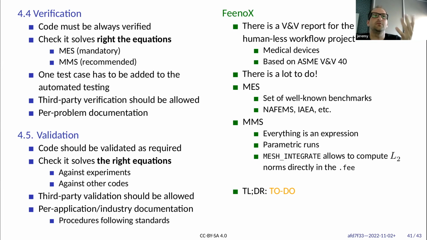So then you have the actual solution, and you can verify the numerical solution with the analytical solution up to the precision that you want to refine, and then you can compute the slope of the convergence. And if that matches the theoretical convergence, you're solving your equations right. We can do that because everything is an expression. So we can come up with a load that depends on space, on time, whatever you want it to depend on.